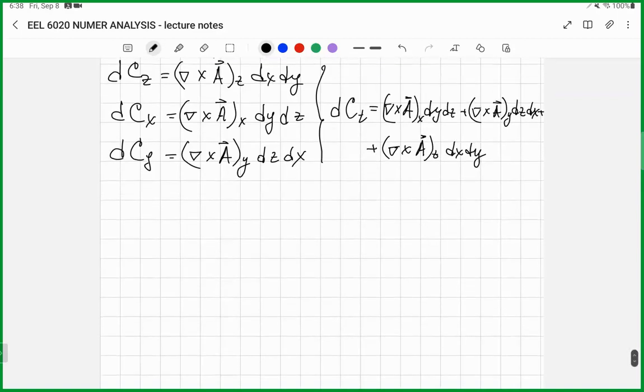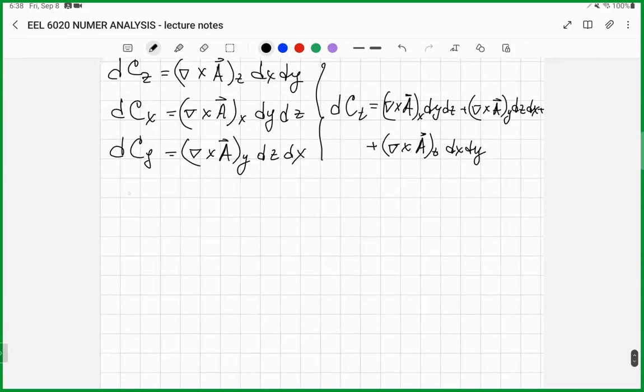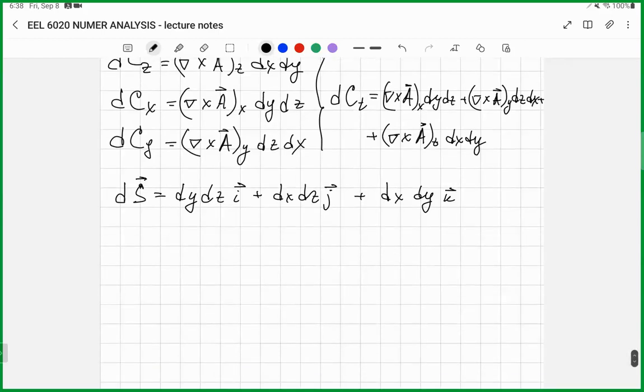And again, recalling this formula for the element of the surface, dy dz i plus dx dz j plus dx dy k. Right, so this is the element of the surface.